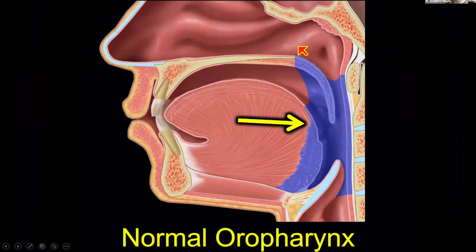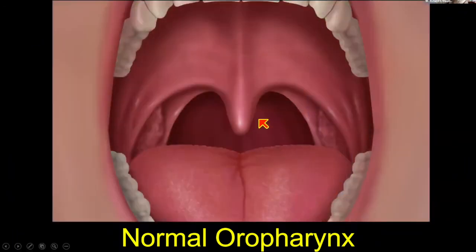So nasal cavity up here, nasopharynx up here, oral cavity here, and oropharynx back here. So this anatomy of the oropharynx is very complicated, a little tricky to figure out. If you just look in the mouth and you see that little uvula hanging down, you've got anterior and posterior arches where we think about those palatine or faucial tonsils in between.